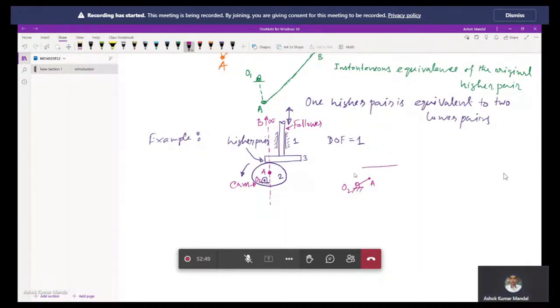This link 3 can be drawn like this, and there is a slider at point A which must be passing through a channel like this.